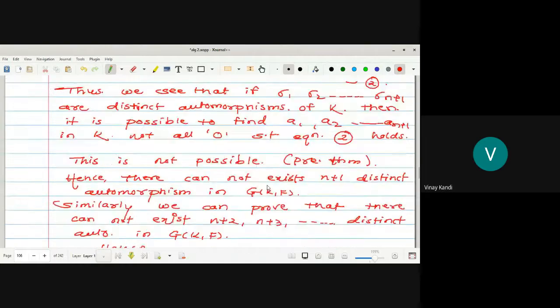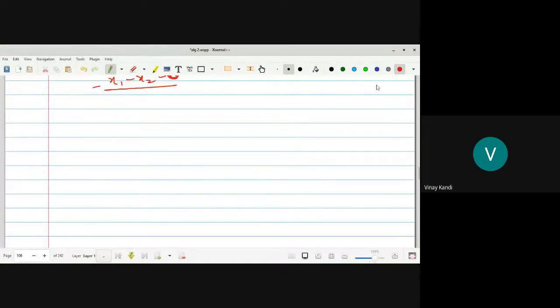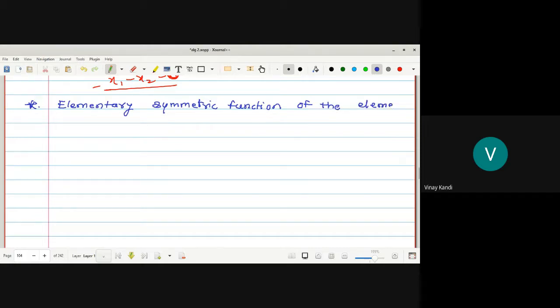The next point is एक छोटा सा concept है, elementary symmetric function of the elements of a field. Okay, look at the definition.